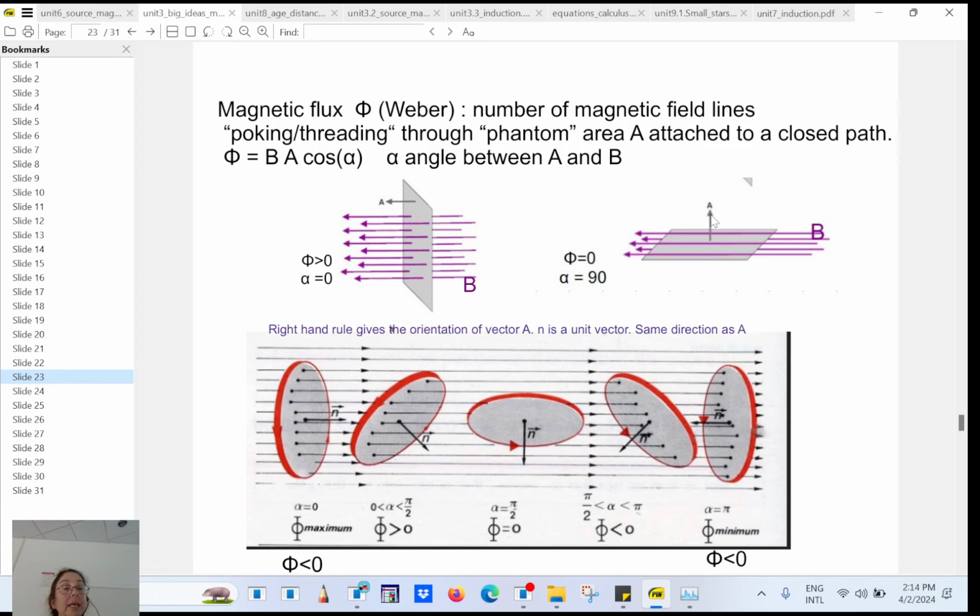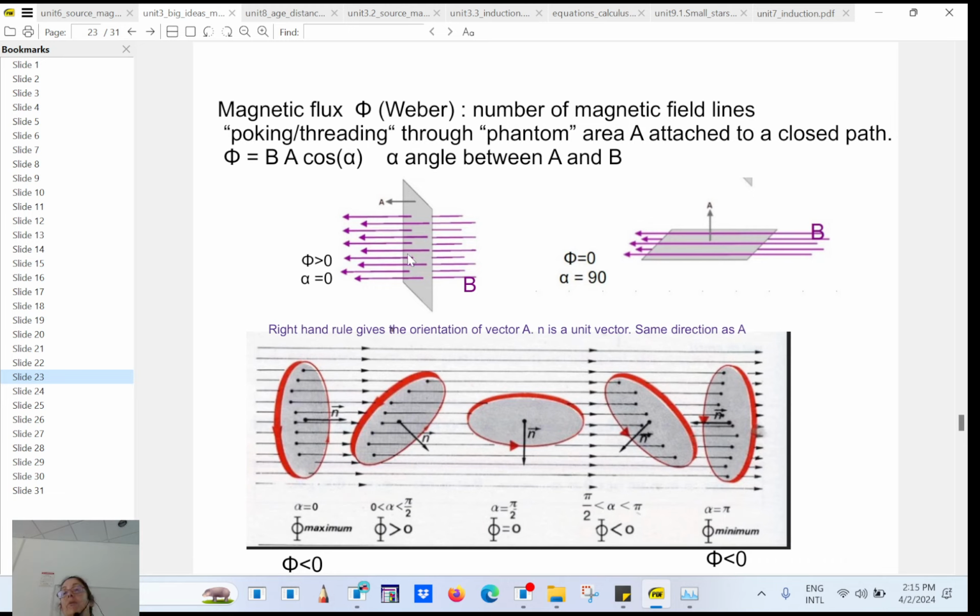So you see A is in this direction, B is in that direction. That means you have an angle of 90 degrees, cosine 90 equals 0. This is the definition of flux. Imagine the flux is the number of field lines poking through an area, like a net that you use to catch fish.